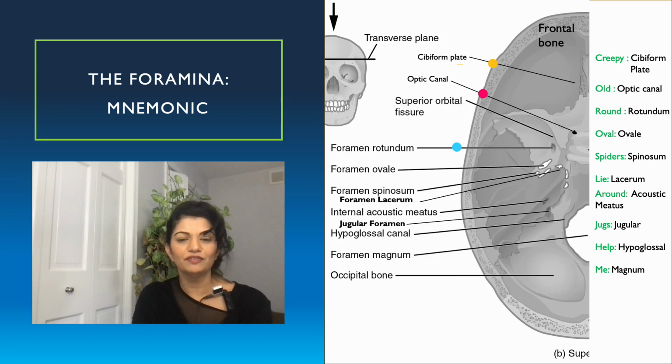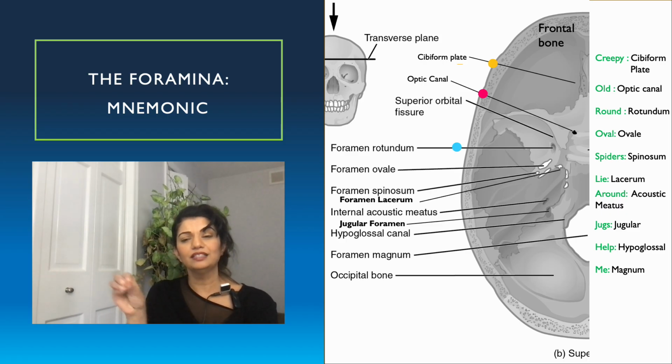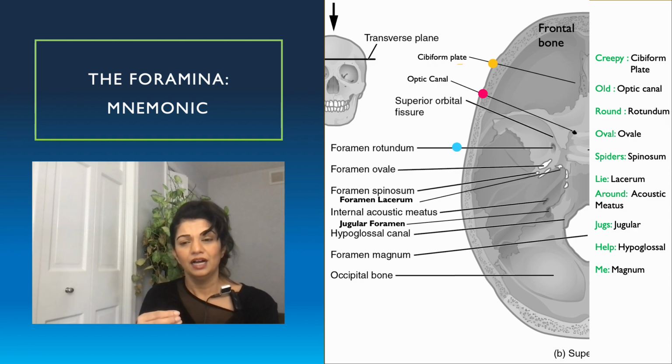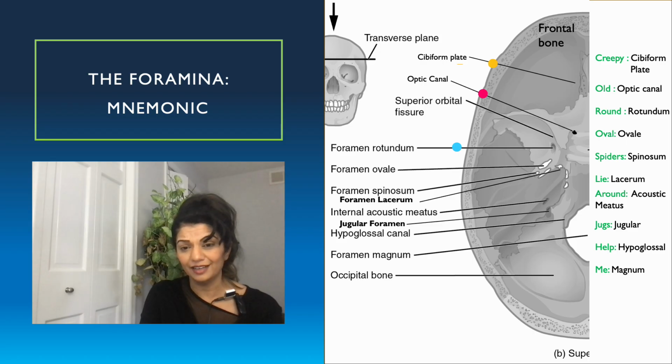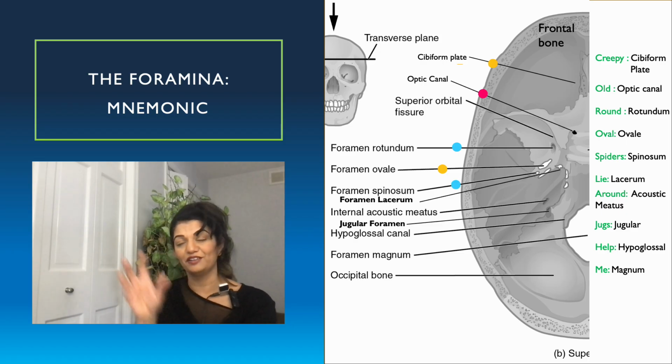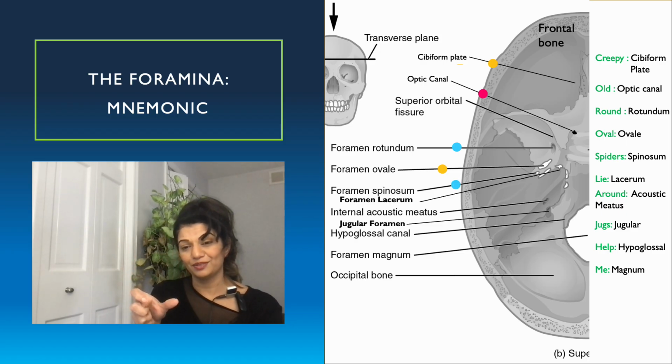Okay, then we've got the foramen rotundum. That is for round. So creepy old round is going to be for rotundum. Now this is where we have cranial nerve number 5. Okay, then we've got oval for ovale, also cranial nerve number 5. There's a branch that goes through there too. Then we've got the foramen spinosum, which is going to be the word for spiders, right?